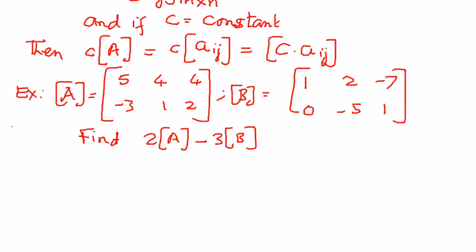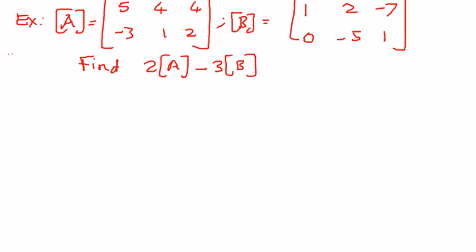So in here, what is happening is we are multiplying a constant to a matrix which has elements in them. We are taking a constant -3 and multiplying it to elements inside matrix B. So let us see how we can proceed with these types of problems. Step number 1.